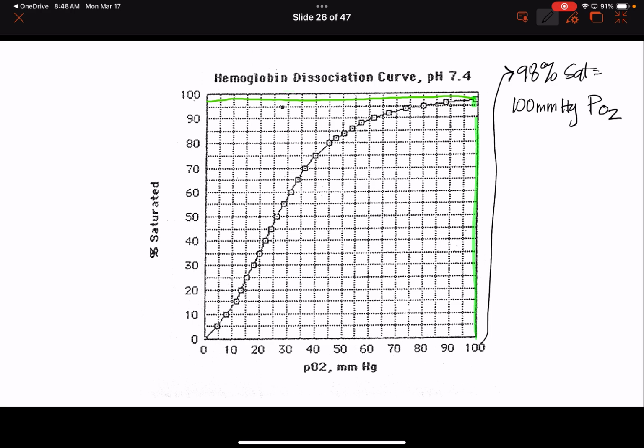And again, this is the value for freshly oxygenated blood. And today in lab, we'll have pulse oximeters for you to measure your pulse ox, which should be at around 98%.